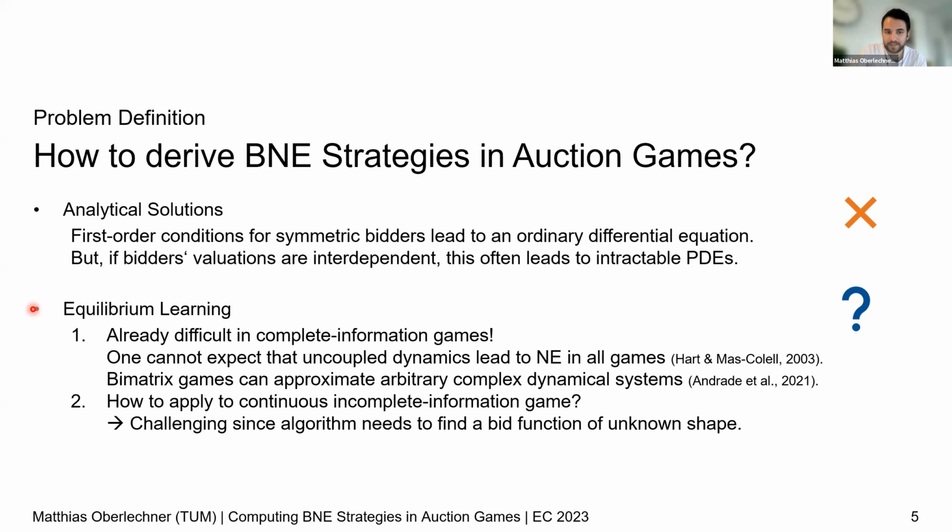And the second point here is, it is not even clear how we would apply these methods to continuous incomplete information games, because here we are looking for some function, for some bid function of unknown shape, which is in some infinite dimensional strategy space.